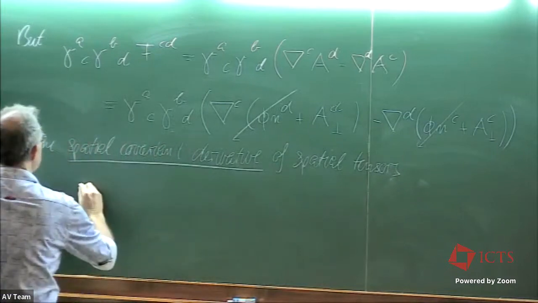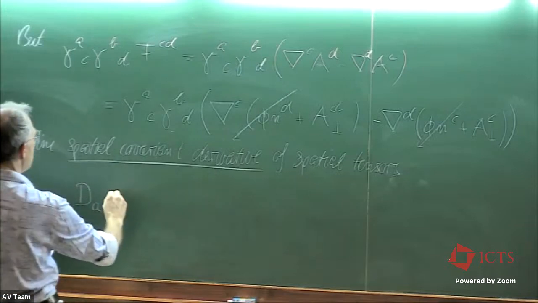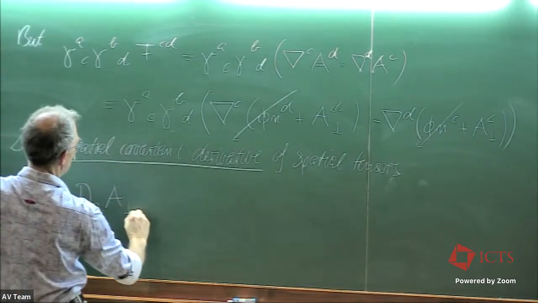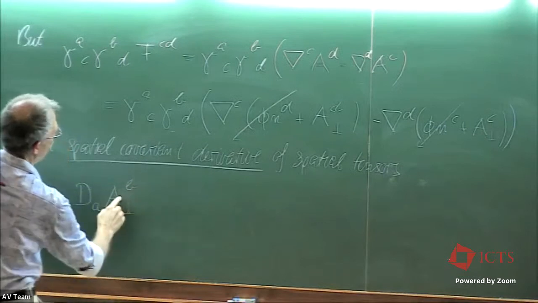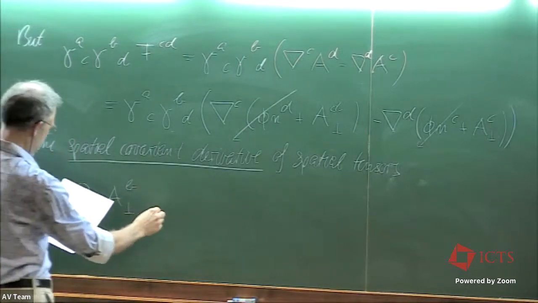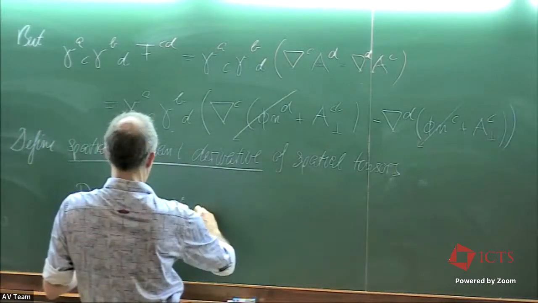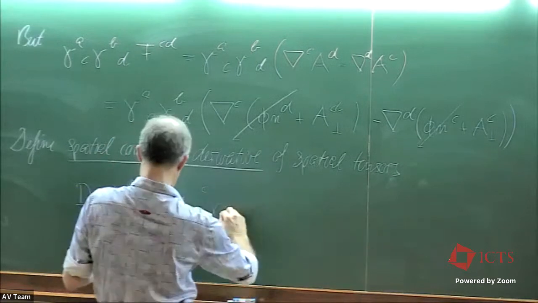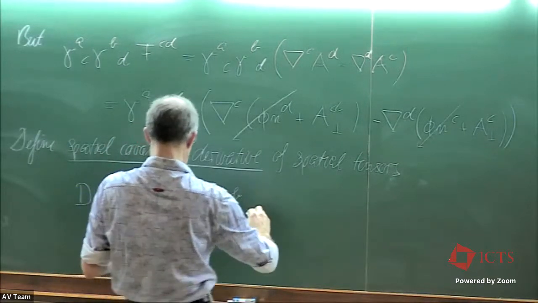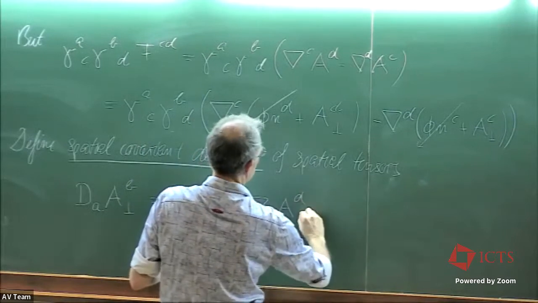So I've done this kind of before. I said, oh, this is now the spatial covariant derivative, but now we will formally define this. If I have a spatial vector A perpendicular, then I define the spatial covariant derivative as the projection of both indices in this expression, dB, of nabla C A D perpendicular.